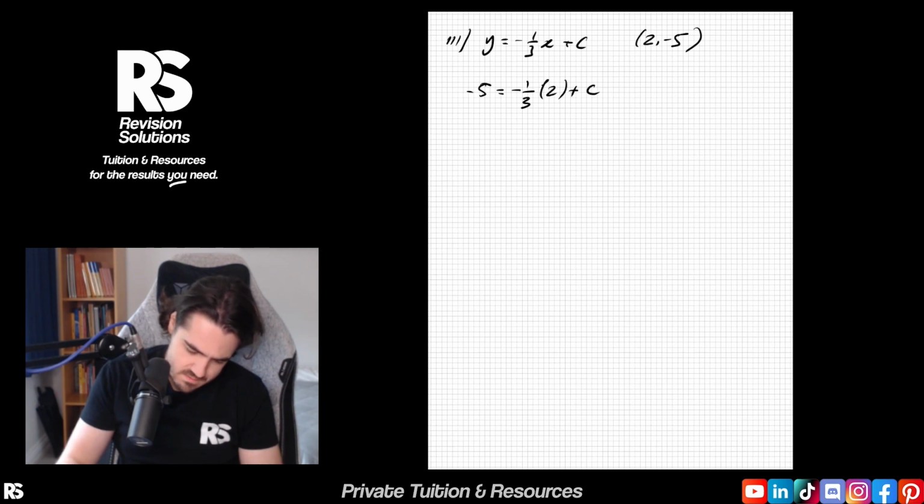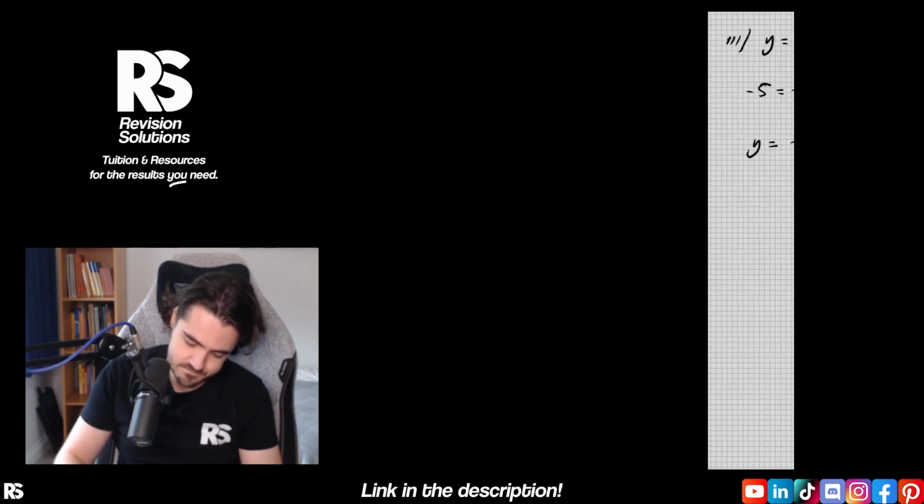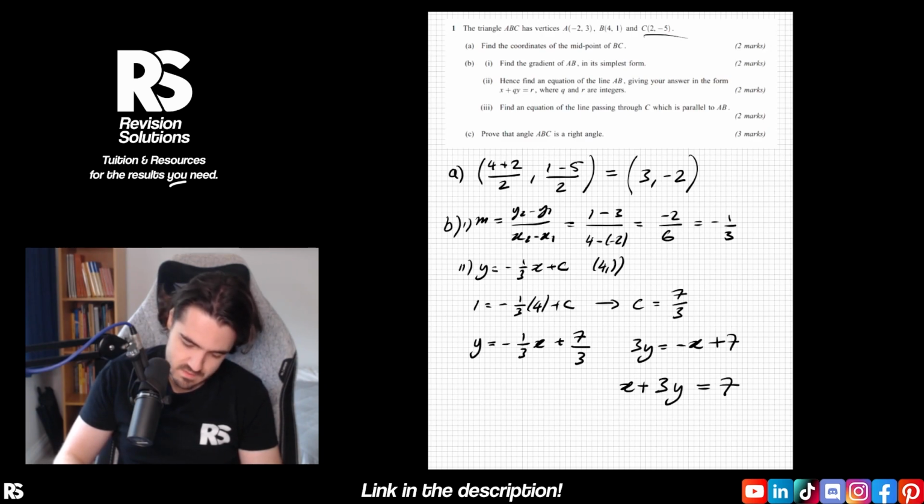So that's going to be minus 5 plus 2/3, which is going to be minus 13/3. So c is minus 13/3. So then we have y equals minus 1/3 x minus 13/3. And it hasn't asked us to leave that in a specific form, so we can just leave that as is.